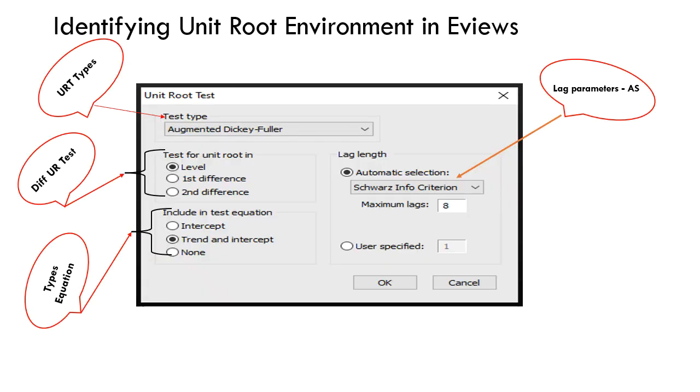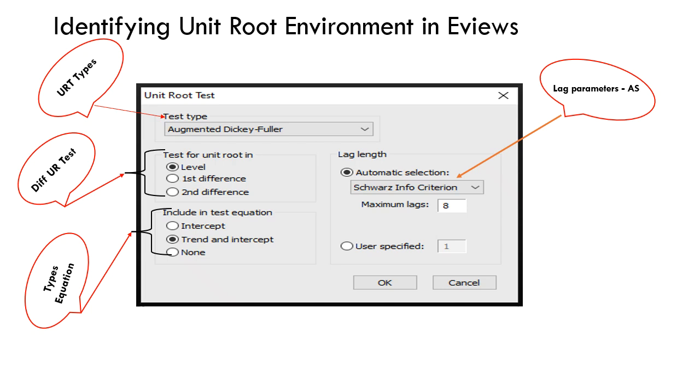Now, this is the typical unit root window environment in EViews, and we have these characteristics there, where we have the types of unit root tests. In our last video, we mentioned the various types of unit root tests that could be conducted. The drop down of this column will show some of them, but by default we've got the ADF, the PP, the KPSS, and so on.